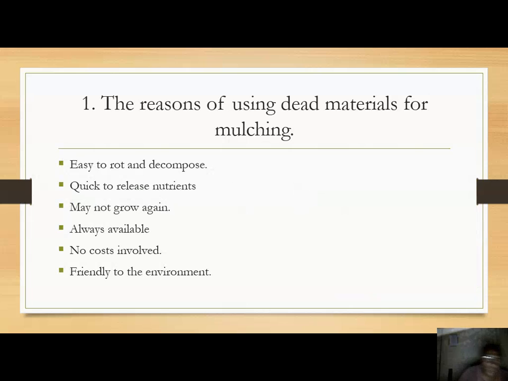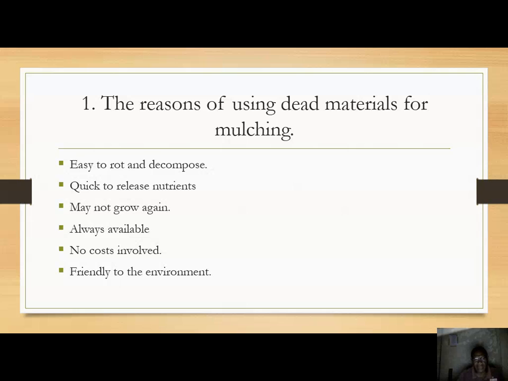Well, students, for question number 1, there are reasons for using dead materials for mulching. We have purposes why we use dead materials. One, easy to rot and decompose. If we use dead materials, they will easily rot or decay and decompose.